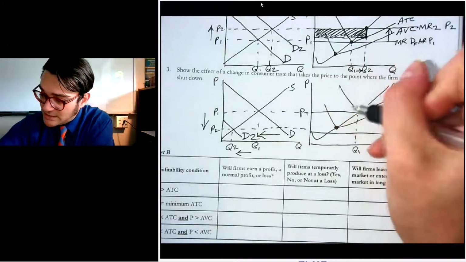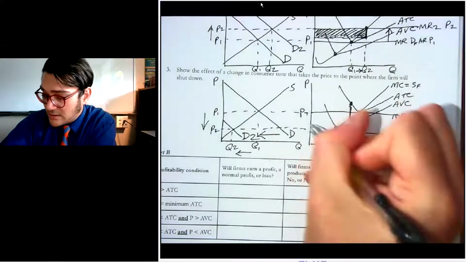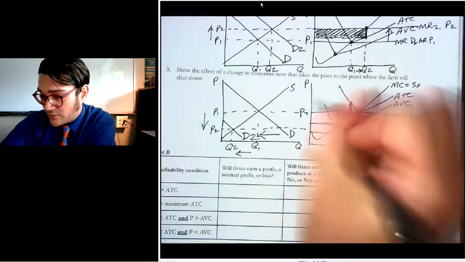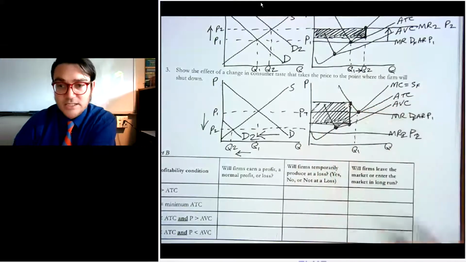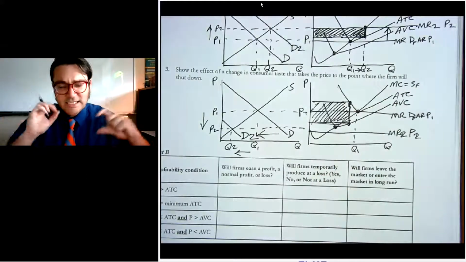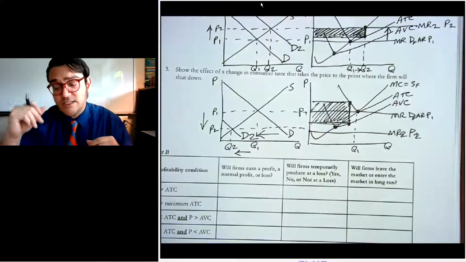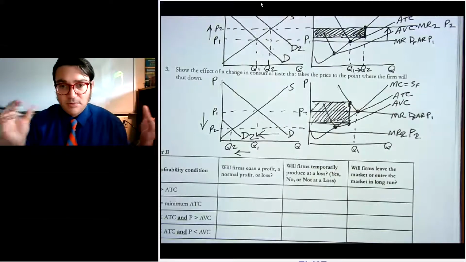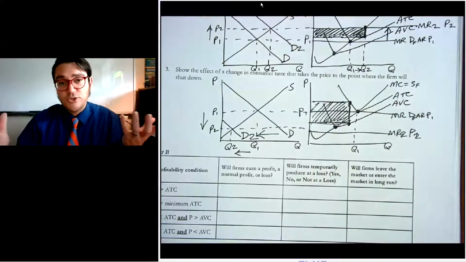And you just basically say that is their loss, and we go over. Because by doing that, when we connect the ATC to the AVC, we're saying that's the average fixed cost, the vertical distance between the two. If we multiply it by whatever quantity we want, that's their total fixed cost, and that's how much they're going to lose.